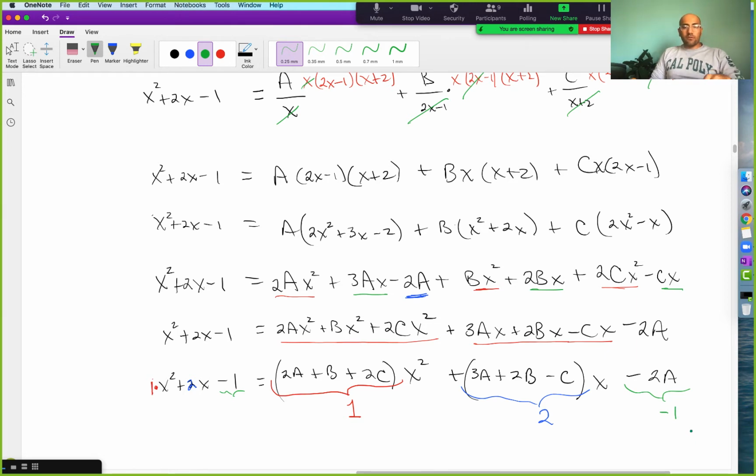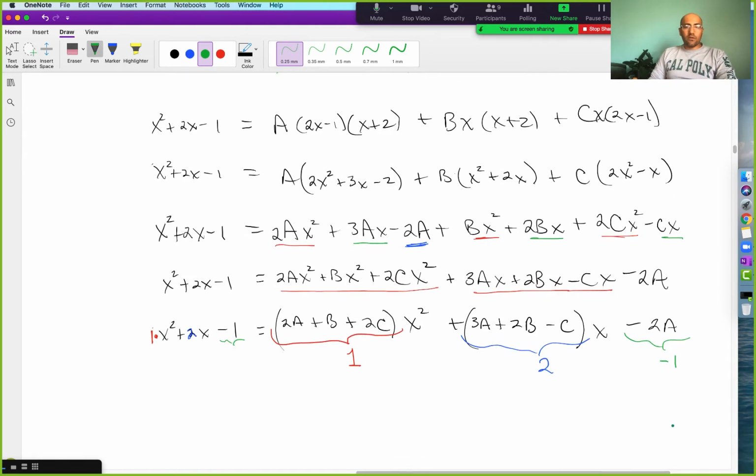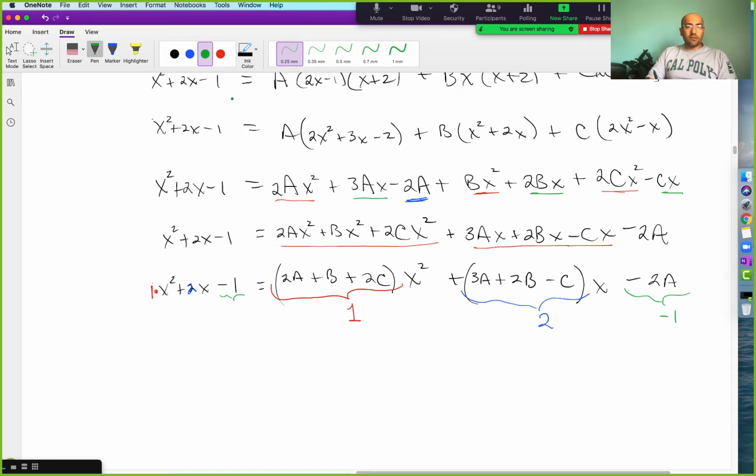Good. So out of all of this mess, we can conclude the following system of equations. We can conclude that -2a is equal to -1.